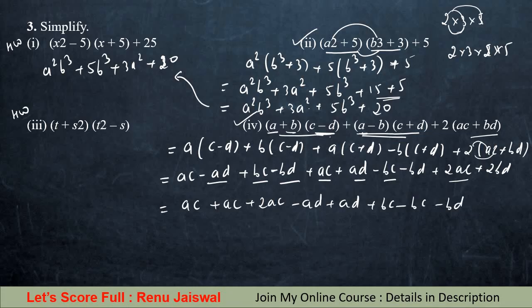So bd this, bd this, and 2bd, right? ac, ac, ac, all of them are positive. 1, 1 and 2, that is 4ac. ad plus ad minus ad cancel. Minus 2bd, same sign addition, and plus 2bd. These also get together and cancel. So only 4ac is the answer. Correct? The question looks big, but definitely it is not difficult if your concepts are clear.